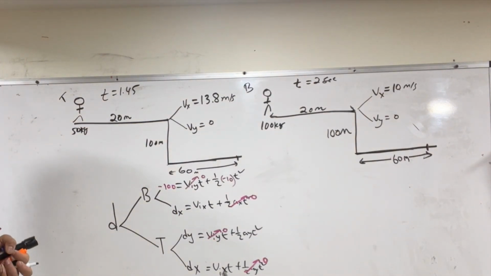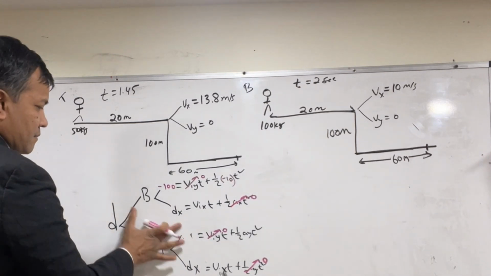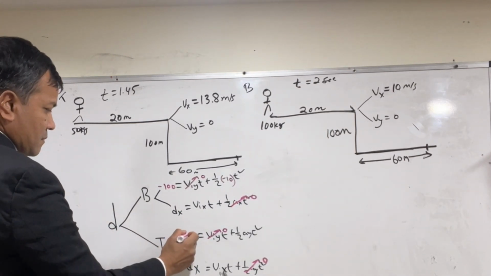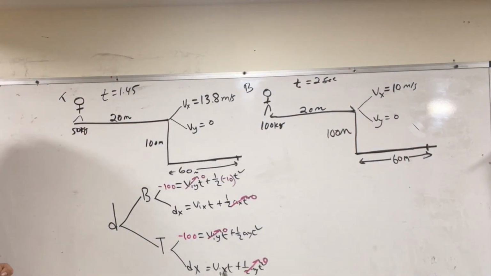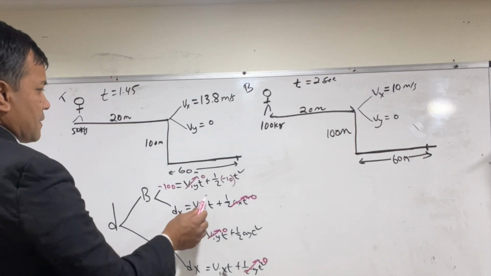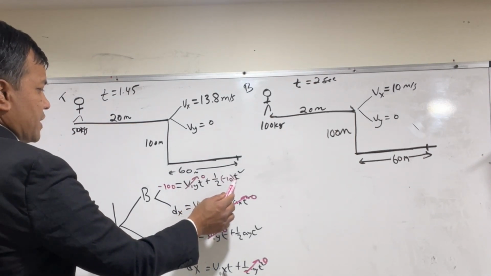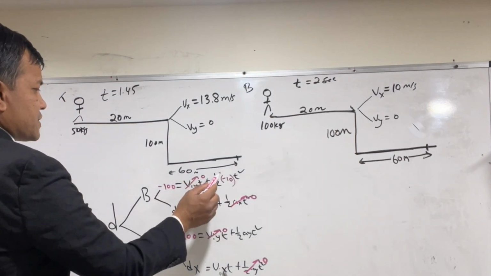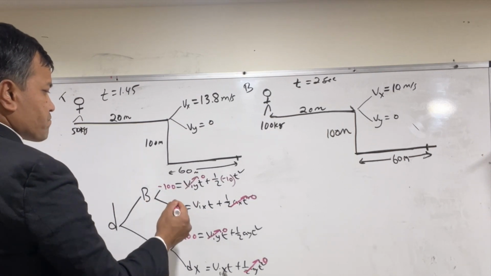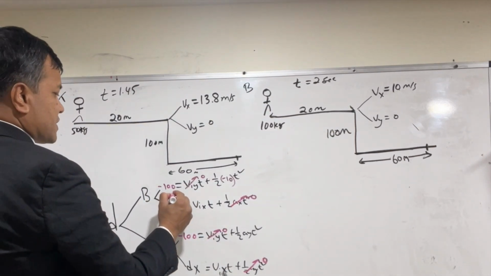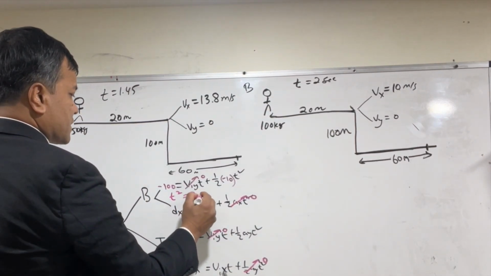This is negative 100 for Terry. So what do you have? You have 5t squared is equal to 100. So t squared is equal to 20.